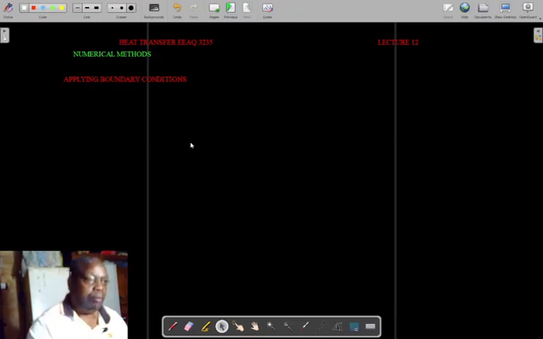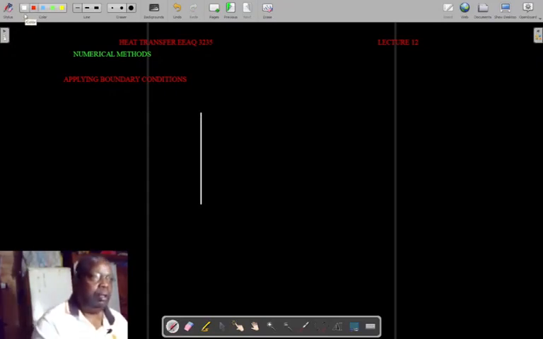a case whereby we have, let's say, a node where we have a surface like that, and onto this surface we have, let's say, a node there, and it has some neighborhood nodes.